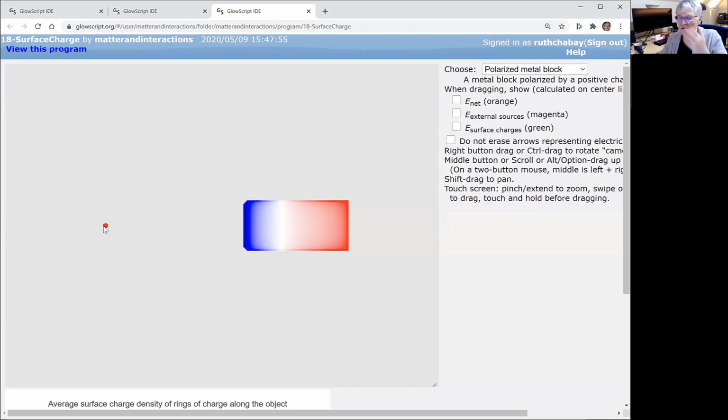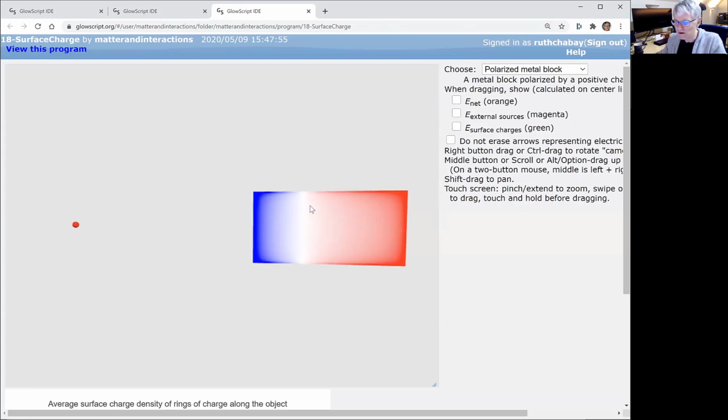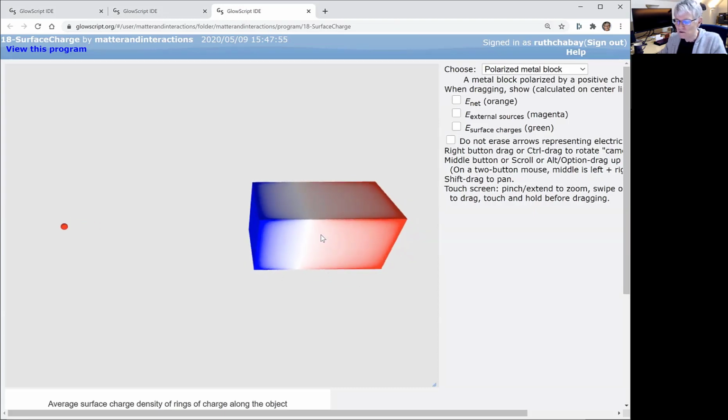So what's done is, this is a neutral metal block, and it's being polarized by this external positive red charge here. And this is a calculation of what the charge distribution on this block is going to look like.